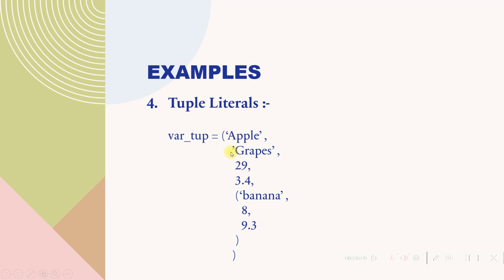But here we can declare tuple literals also with a collection of elements, and those can be of different types, like the one that I have mentioned here in my example. So we have a string, then an integer value, then a float value, and then another tuple inside a tuple. Okay, so this is how we can declare a tuple literal.